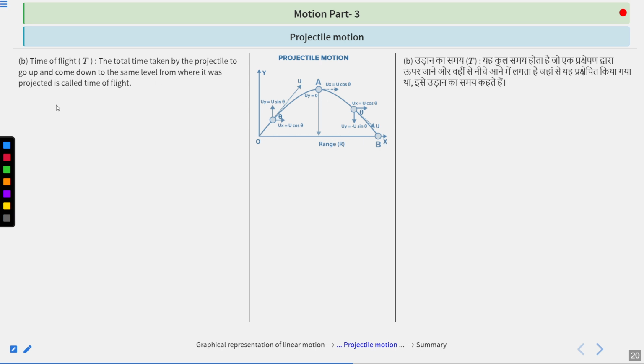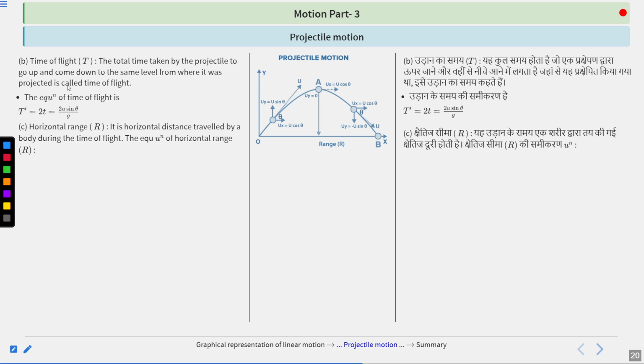For example, if it was launched from the origin and it has taken 10 minutes to reach B, because O and B are on the same level, then the time of flight will be 10 minutes. Got it? The equation of time of flight is T equal to 2u sin theta by g.